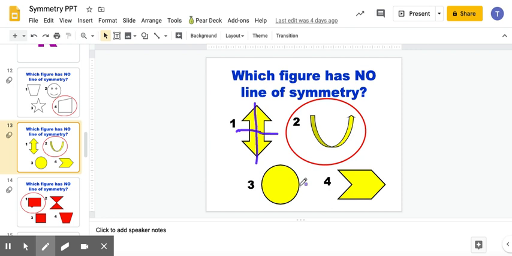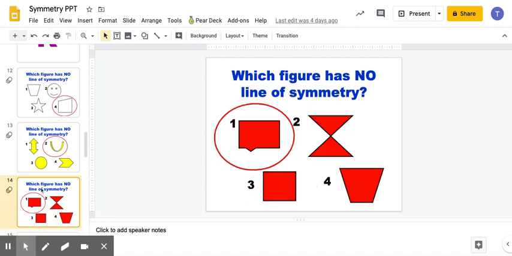Number 3, a circle. You can draw one here, here, here and here. So a circle has 4 lines of symmetry. And then same thing with this arrow. If you drew your line of symmetry horizontally, you do have a line of symmetry there. So the answer for this one is number 2.